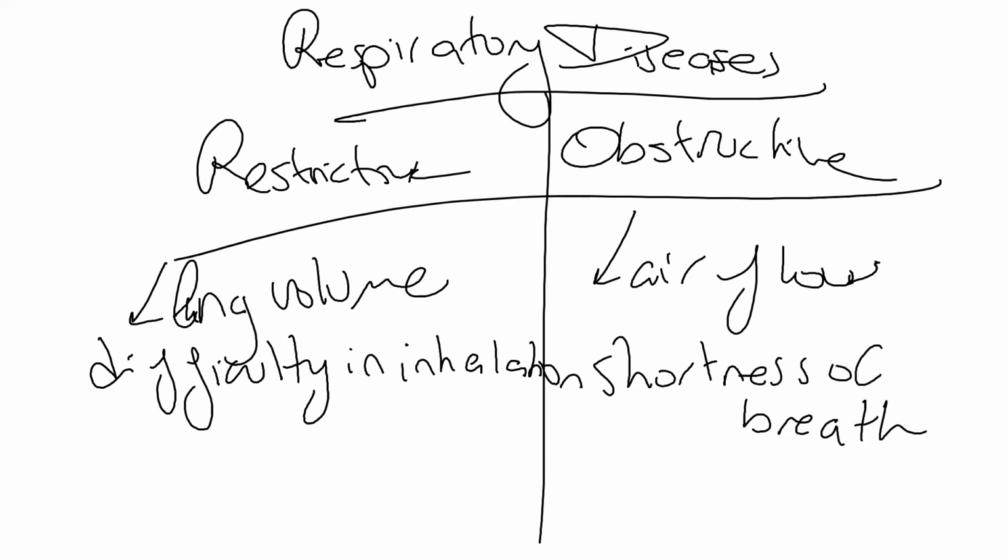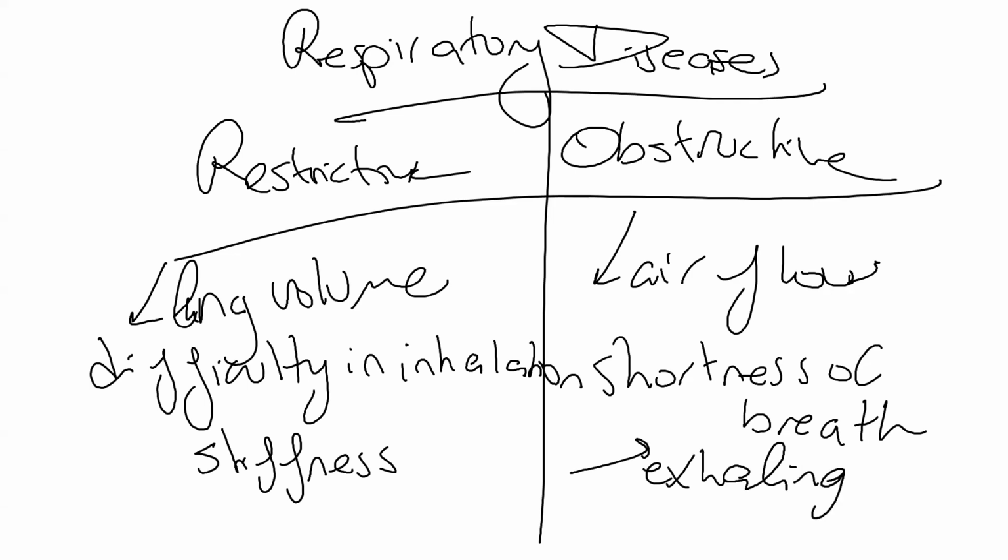Here you will have stiffness. Here you will have high exhaling, trying to get air from outside. You don't have a good airflow. You're not able to get the oxygen which is outside, so you try more to exhale. Like asthma, you know? People who have asthma know about this. Or COPD.